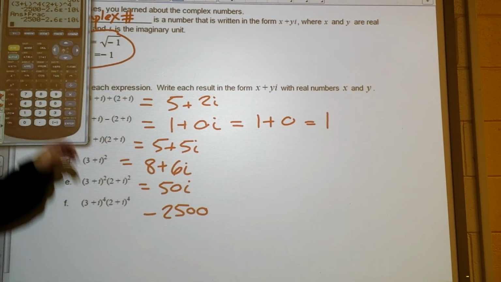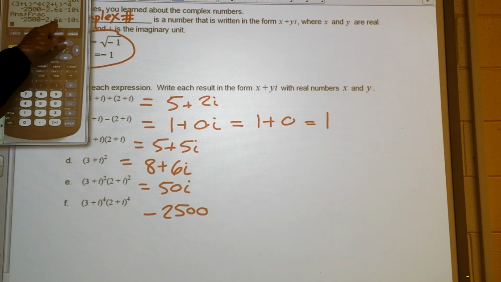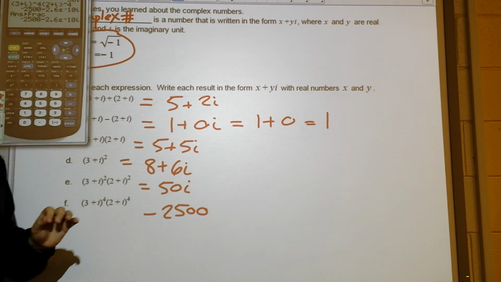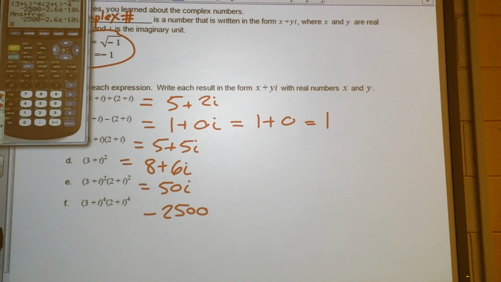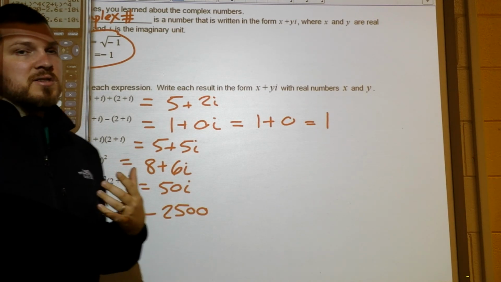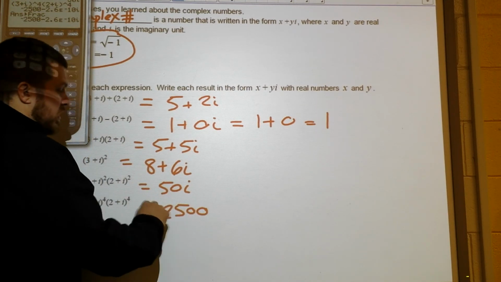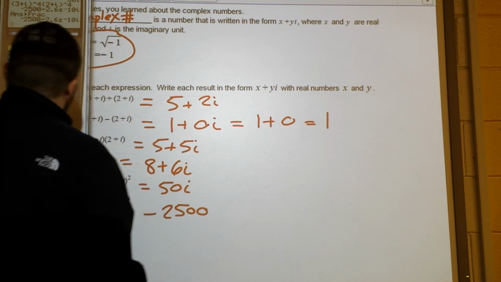And in your calculator, at least mine says negative 2.6 e to the negative 10 i. Well, that e is just scientific notation. Since it's a negative power here, you're going to move your decimal to the left 10 places. That's really, really close to 0, so I'm just going to call my final answer negative 2,500. And that's it for this video.